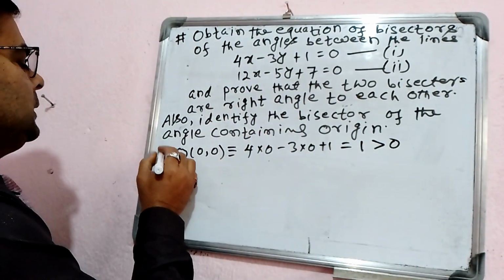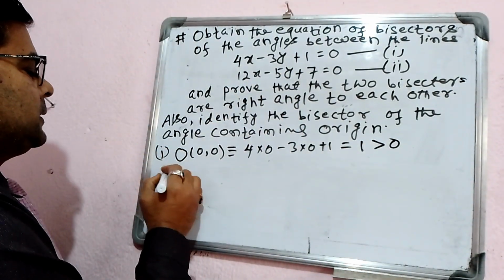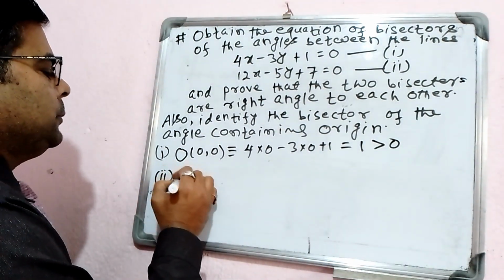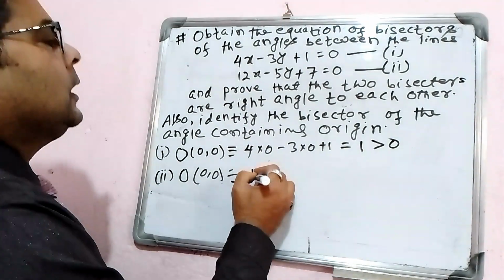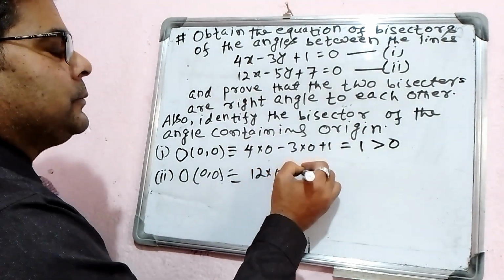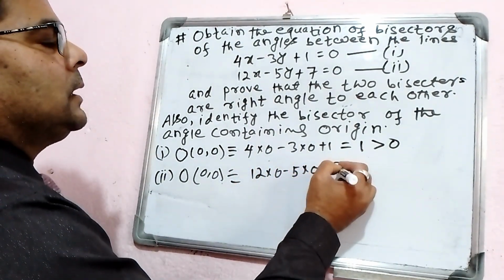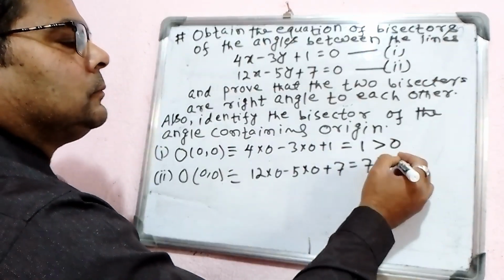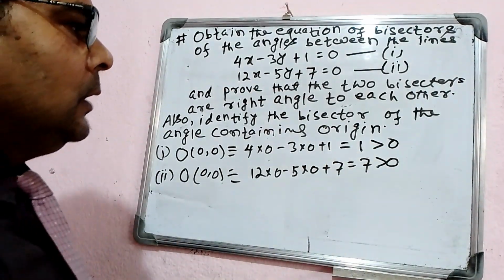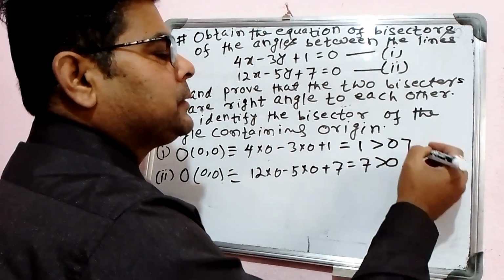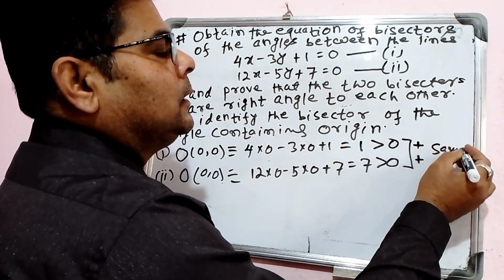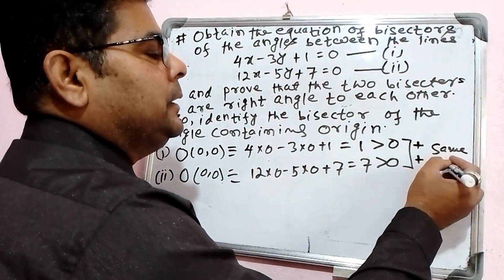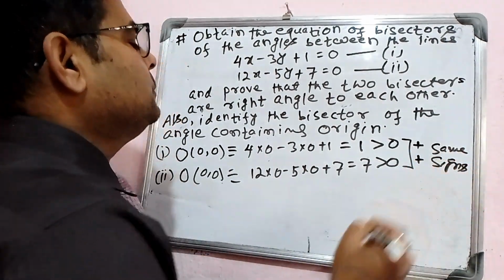Now in the second equation you again put 0, 0, and you will see 12 times 0 minus 5 times 0 plus 7 equals 7, which is again bigger than 0. So this case is a bit different. You have seen that this is positive and this is positive, so we have the same sign on both sides.